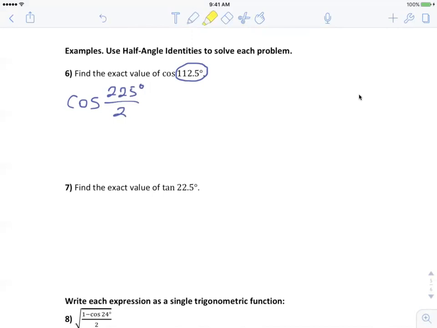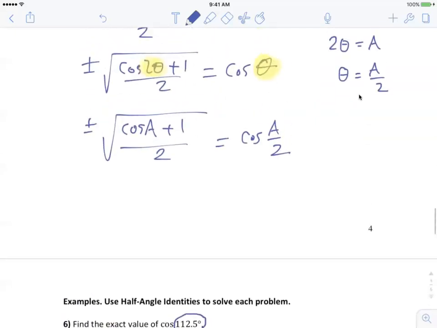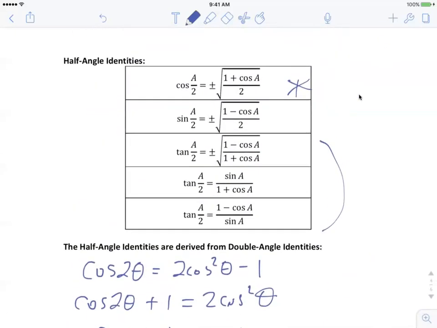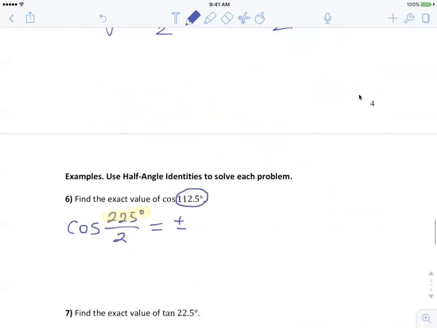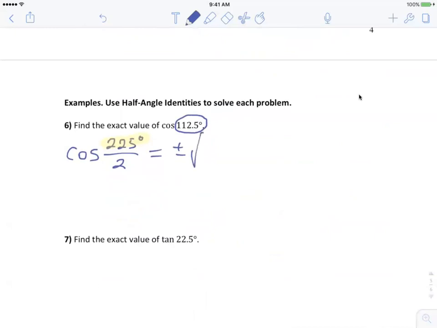And then what that does is identify your A. There's your A that you're going to plug in to the other side of the equation. So now I'm using that very first identity, just writing the square root side. So it's plus or minus square root 1 plus cosine 225, that's A, all over 2.